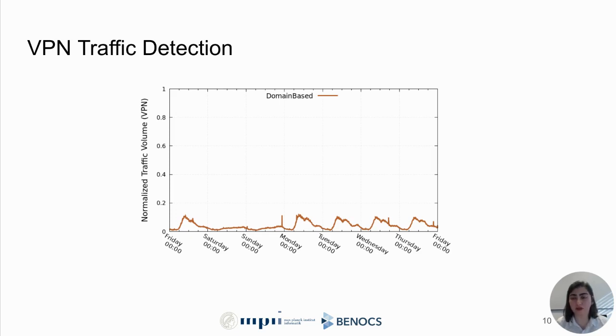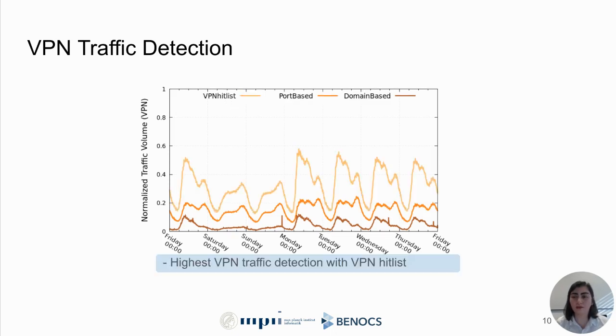The next line shows the port-based approach, which already shows a little bit higher VPN traffic detection rate. Now you see the lighter orange line here, which is the traffic captured by the VPN hit list, and it's already showing the highest VPN traffic detection by our approach.